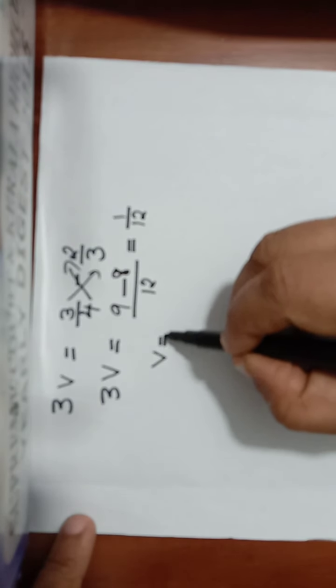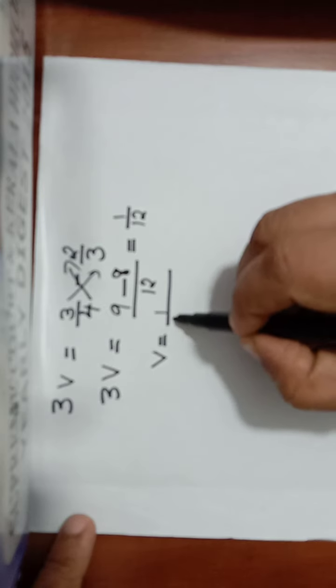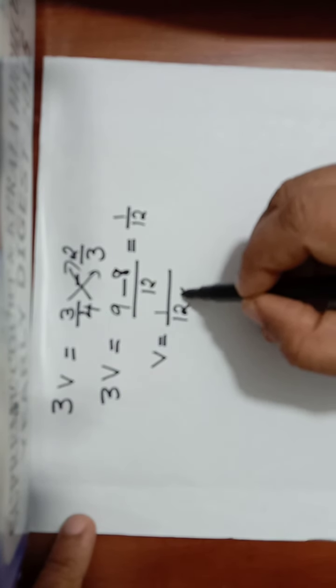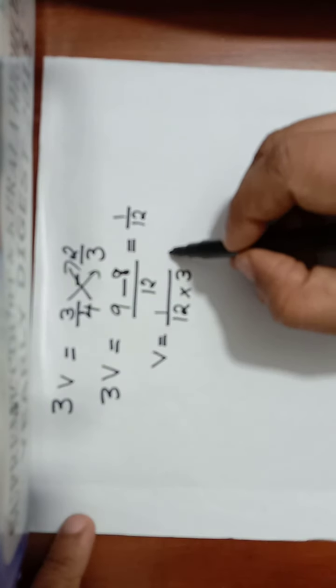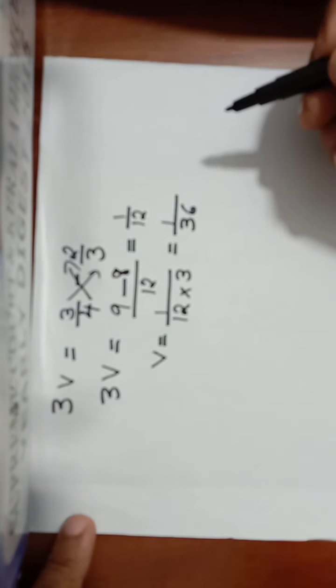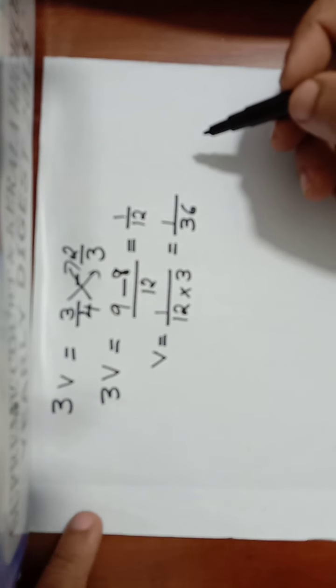So v is equal to 1 by 12, and the 3 becomes the denominator on the other side: 1 by 36. v is equal to 1 by 36.